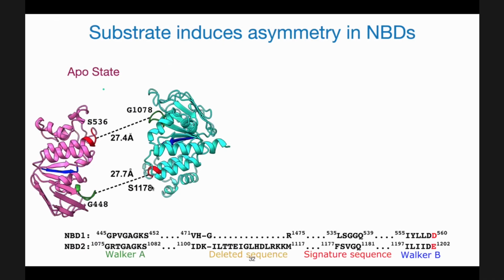So because of this asymmetry in sequence, we can also see this asymmetry in structure, which is induced by substrate in MRP4. In the resting state, these NBD domains are pretty much open, and they are at similar distances.